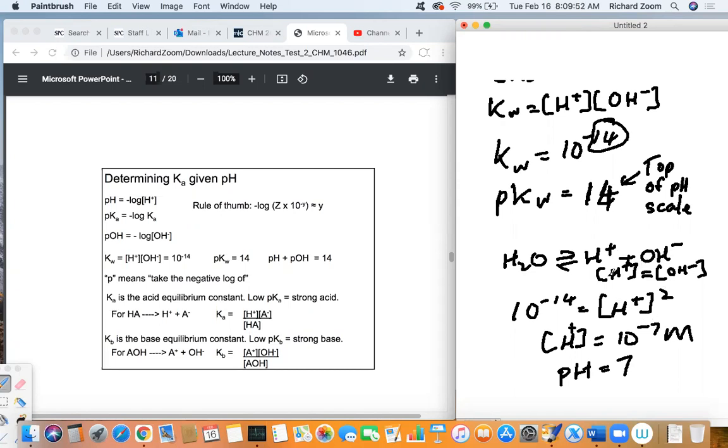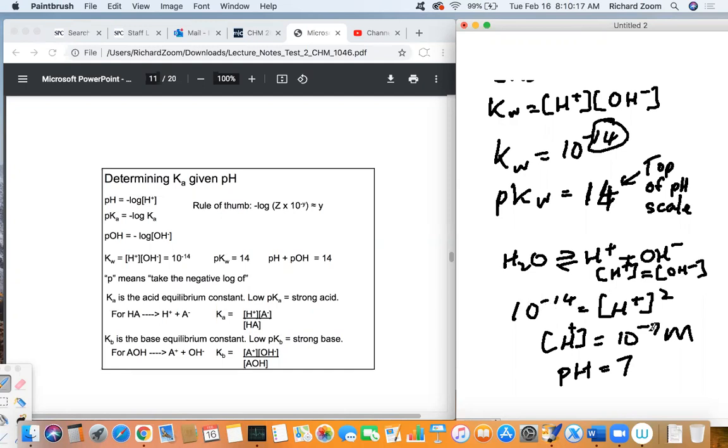I have a question as well. So I understand you have two H pluses because they're equal, but you said you take the square root of 10 to the negative 14 to get 7. Is that because it's a 2? Well, it's because it's squared, and if you take the square root of 10 to the negative 14, you'll get 10 to the negative 7.